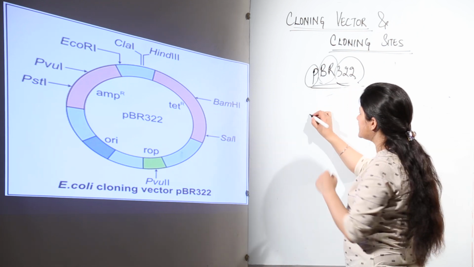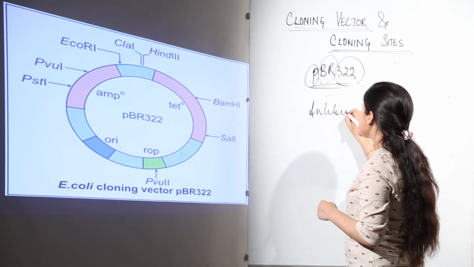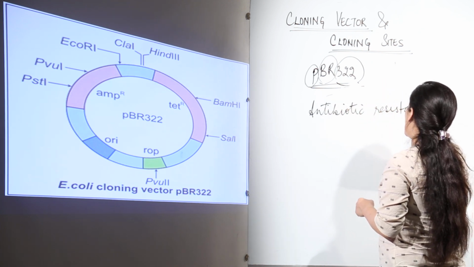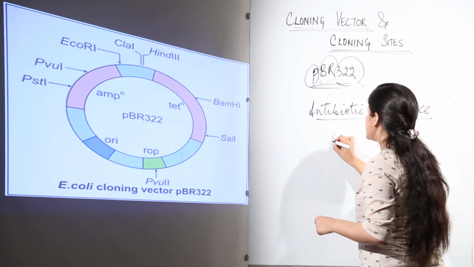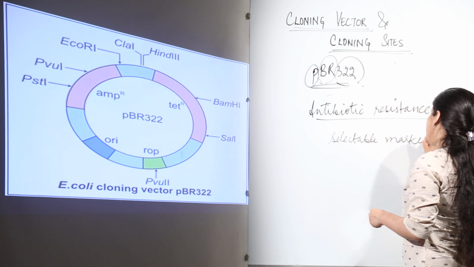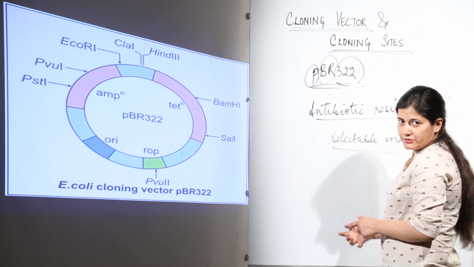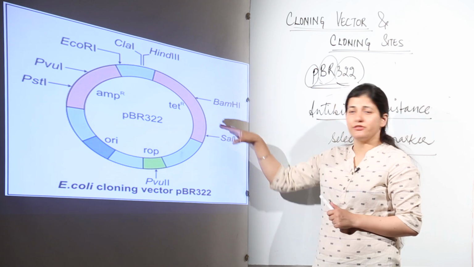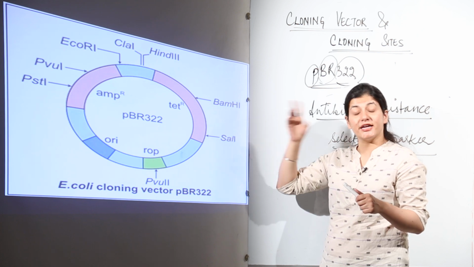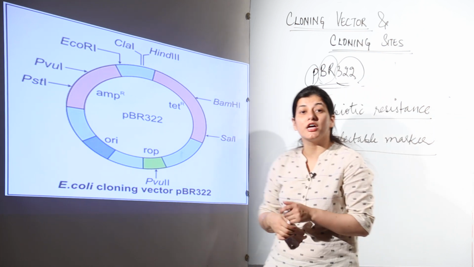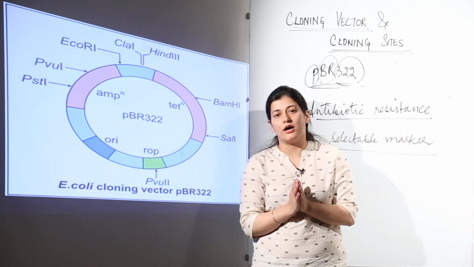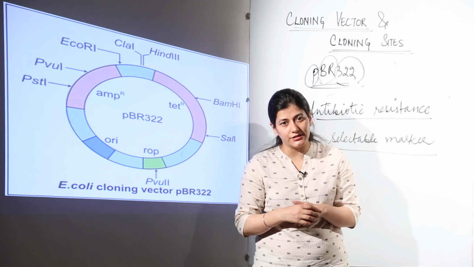So, you use this antibiotic resistance which is imparted by the vector as a selectable marker in the E. coli. Earlier the E. coli did not have any antibiotic resistance, but supposedly it is showing tetracycline resistance. That means whatever E. coli you are having, they are transformants. Then you have to check whether it grows on ampicillin. If it doesn't, you are quite certain that now the recombinant vector has entered the host cell.